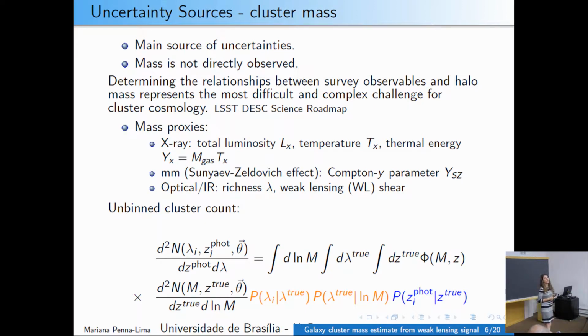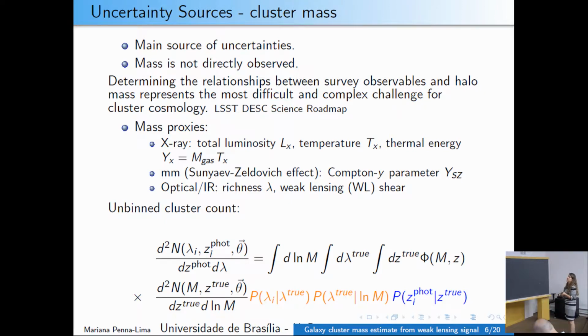So you can observe some galaxies that compose this cluster, and with this you have the richness, and you can estimate mass from this observable, or you have the Compton parameter if you are looking at SZ, Sunyaev-Zeldovich, data catalogs, or X-ray. So you have different observables from which you can estimate the mass, okay?